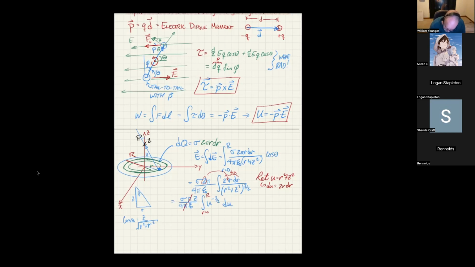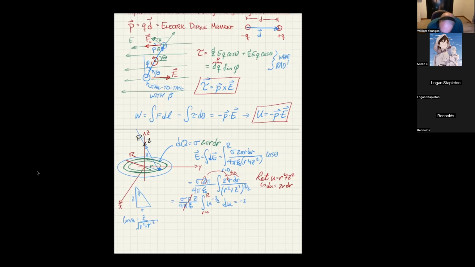Now, the integral of u to the negative 3/2 is -2, because it's negative, what was 1 over negative 1/2. So it's -2 sigma z over 4 epsilon naught. That takes care of the multiplier.